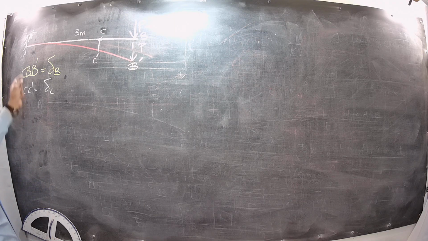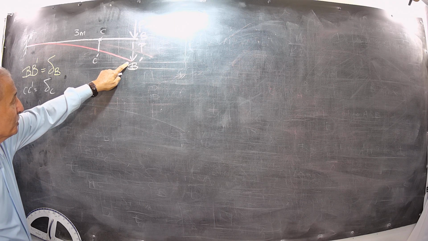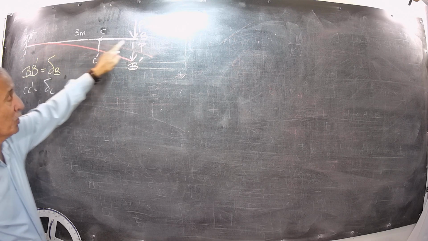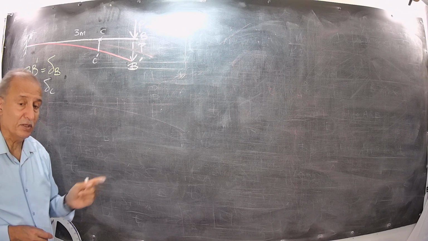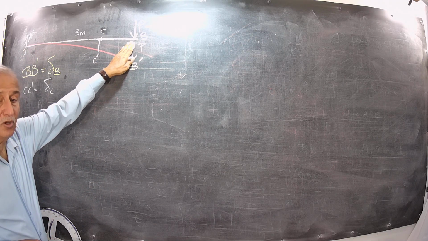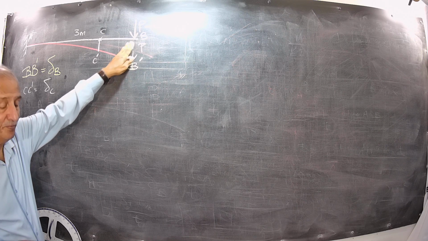If I draw a tangent to the deflected shape of the beam at A, this is the same as the original configuration of the beam, straight line AB that you can see here. That's also the same as the tangent at B at the curved beam.